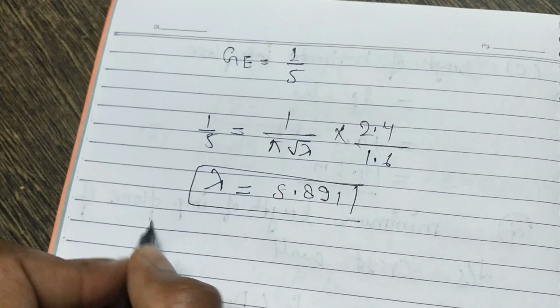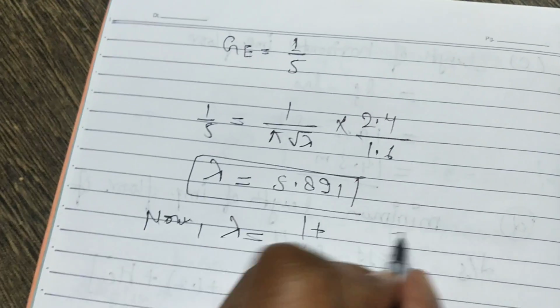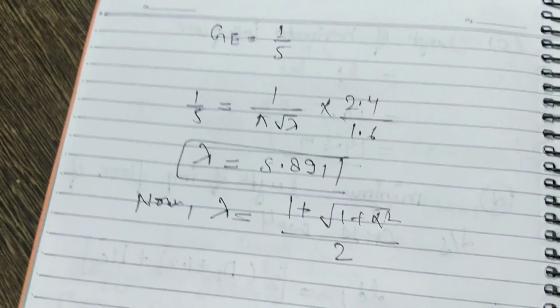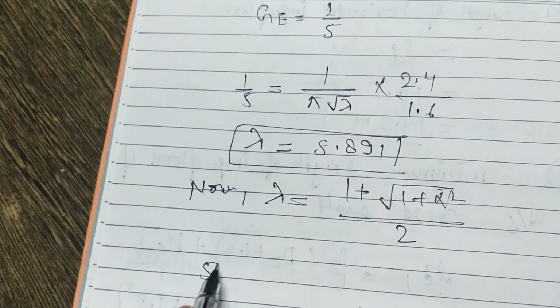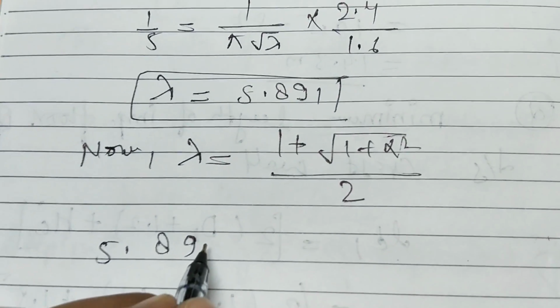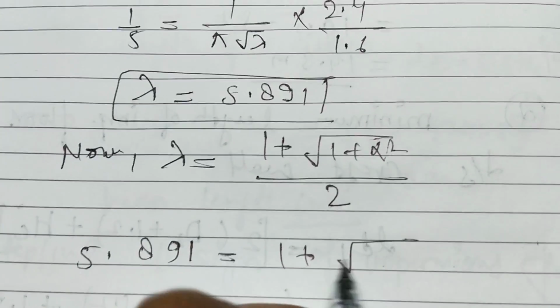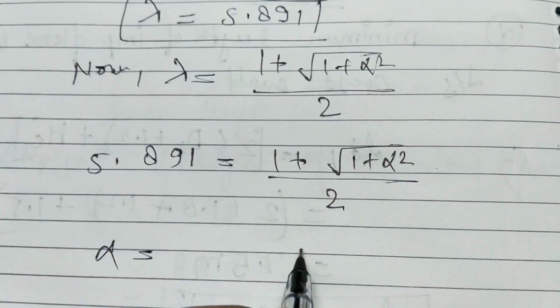Now we know lambda equals (1 plus under root 1 plus alpha square) divided by 2, as discussed in the design steps in the previous video. So we will put in all the values: 5.891 equals (1 plus under root 1 plus alpha square) divided by 2. Then we will find alpha from here.